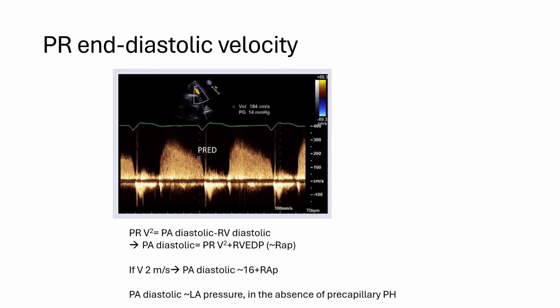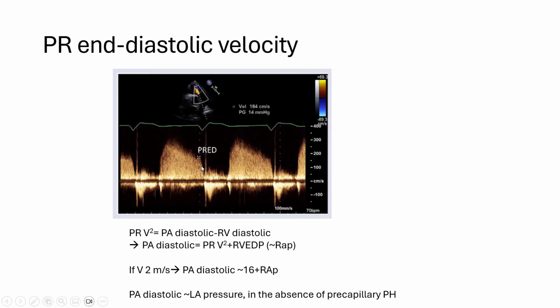In that case, PA diastolic pressure could be much higher than LA pressure and no longer correlates with LA pressure. But measuring PA pressure in most cases is a nice correlate of LA pressure, except in precapillary PH, where also TR velocity and PA systolic pressure no longer reflect LA pressure; they reflect the primary pulmonary vascular disease.